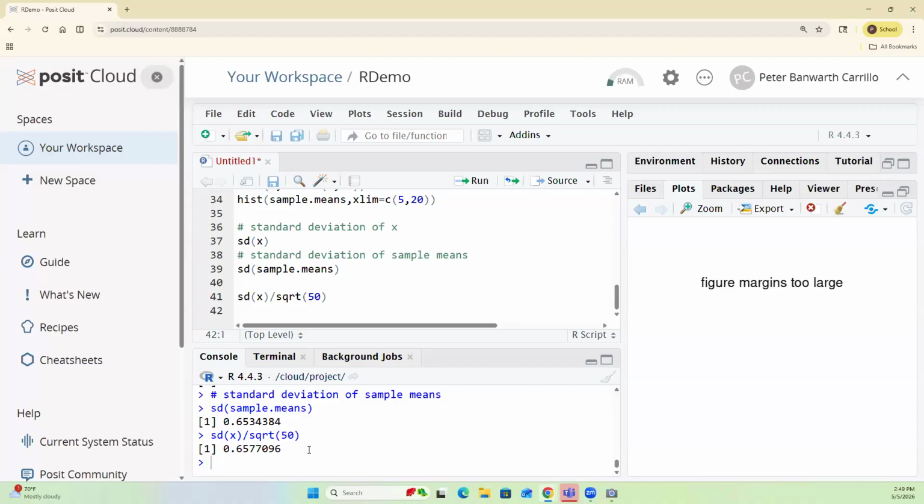It's not exactly the same because it's statistics, right? This first one where I did standard deviation of the sample means in your lab, this is what I'm calling the experimental standard deviation. It's a number we compute from our simulated data. And this one here, this is the theoretical. This is what the theorem tells us.